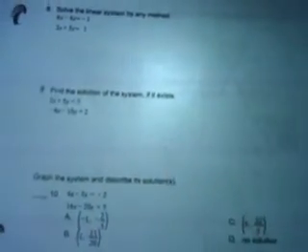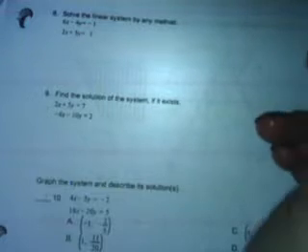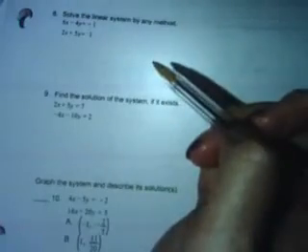All right, number 8. Solve the linear system by any method. What are your choices? You can either graph, substitution, or elimination. What do y'all want to do? Elimination. Okay. Are your x's and y's lined up? Yes. Okay, I could multiply this 2 by what and make it a 6? 3.